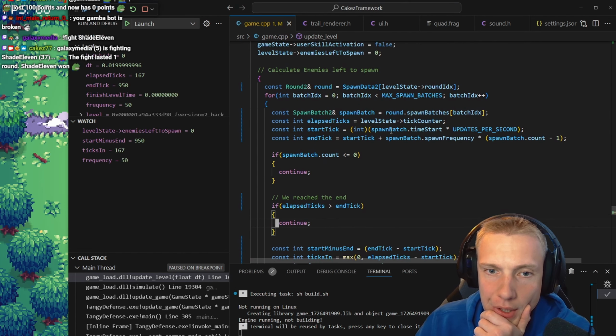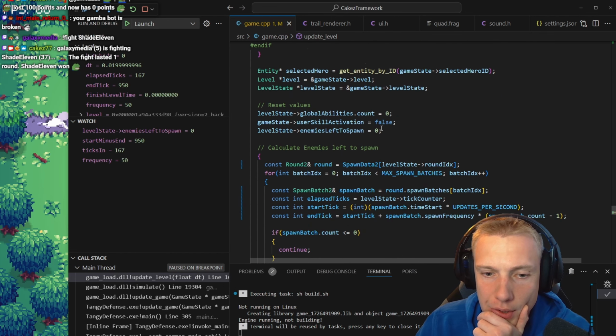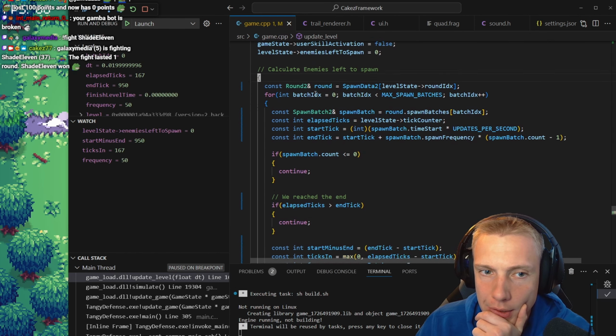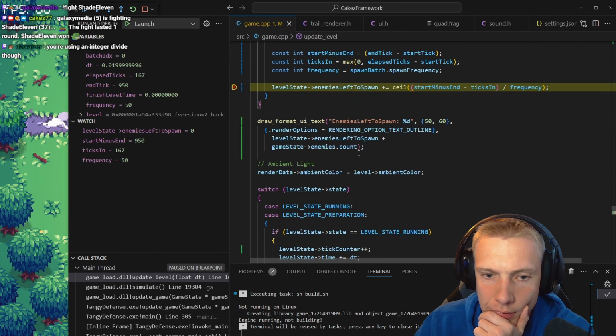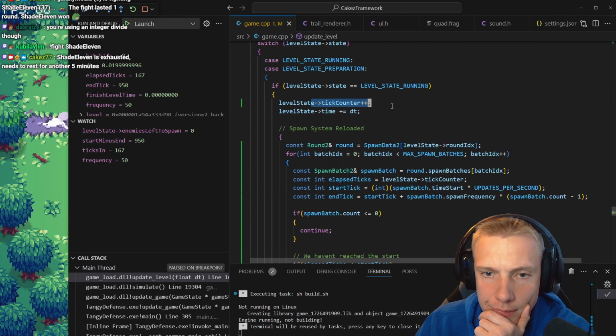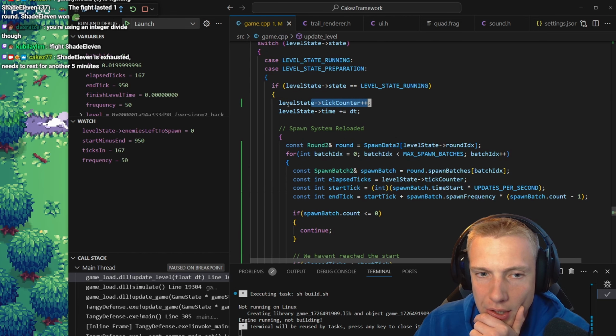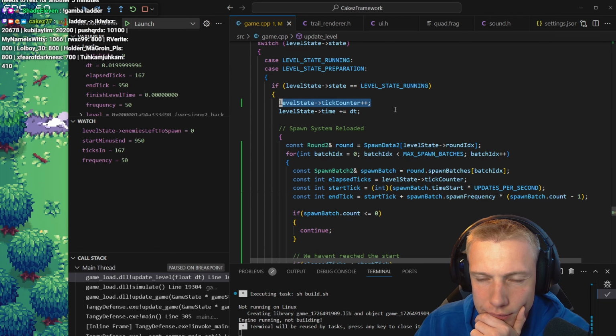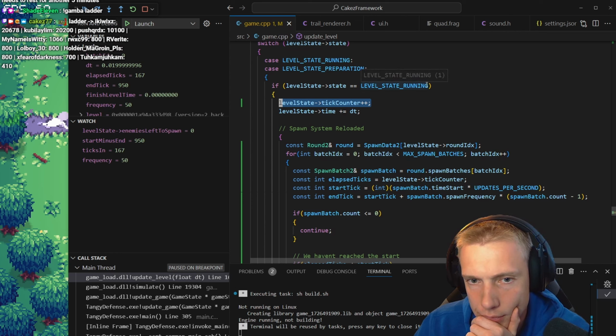I see, so we need to calculate this before we do the tick, do we? Wait a minute, let's see here. Though I do the tick here. But then the tick counter is 1. But only if we are running. So that would have spawned the first enemy already.